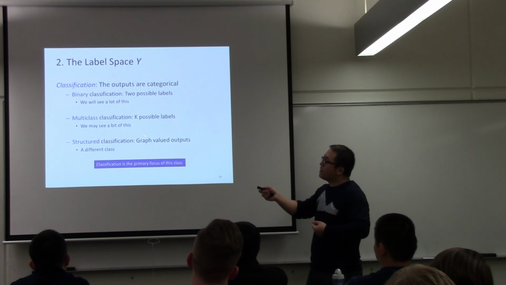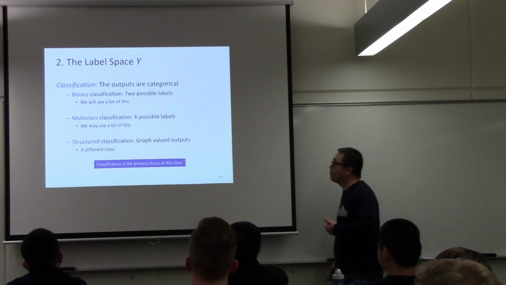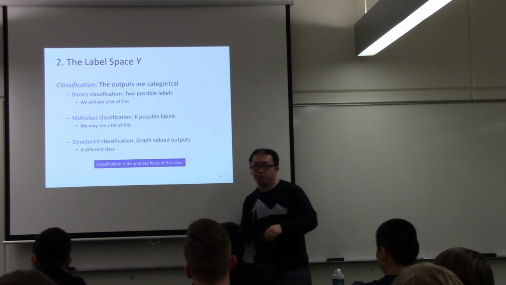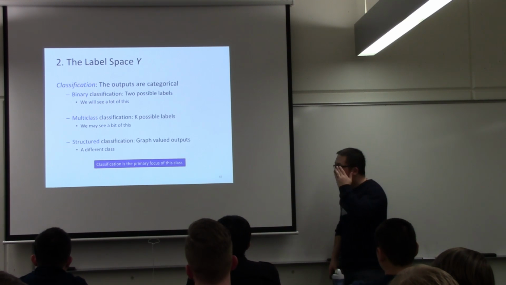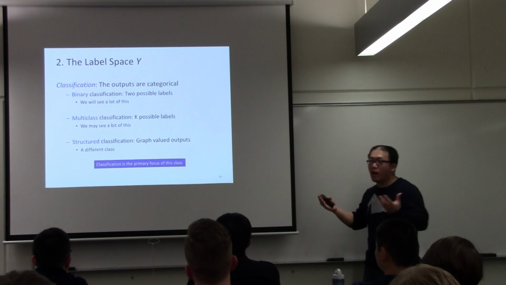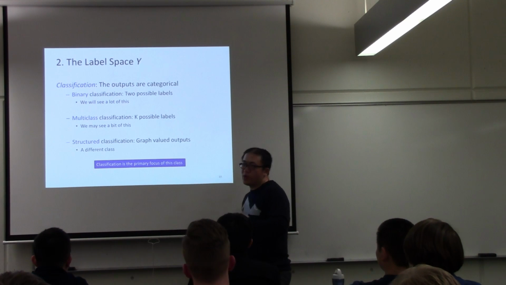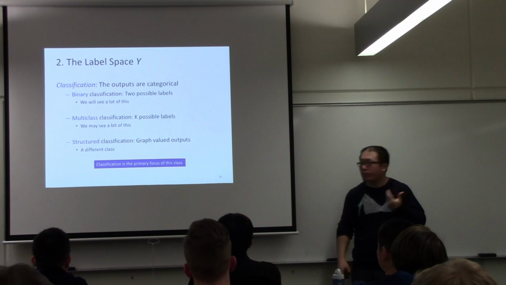We might see a bit of multi-class classification, which means we have more than two labels, k possible labels. And sometimes in more complex cases, where our labels consist of structures, like some graphs, our task is called structure classification, which is heavily used in natural language processing.